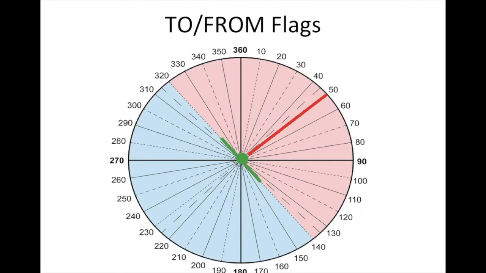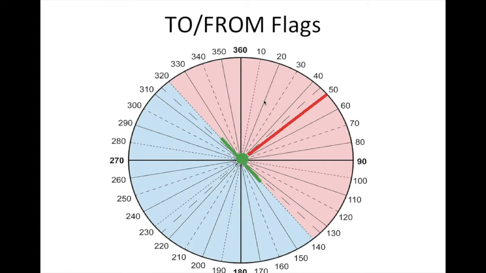So if I am here on the 020 and I want to fly away from that VOR, I will fly the heading 020 with my aircraft. I'll be flying away from the VOR. When I fly to the VOR, I apply the reciprocal. The reciprocal is 200 and will take me to the VOR station.